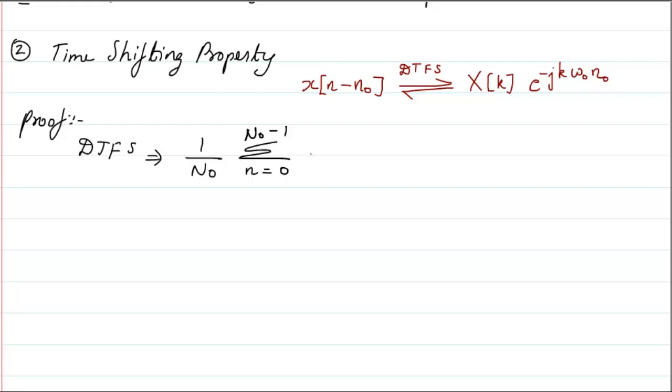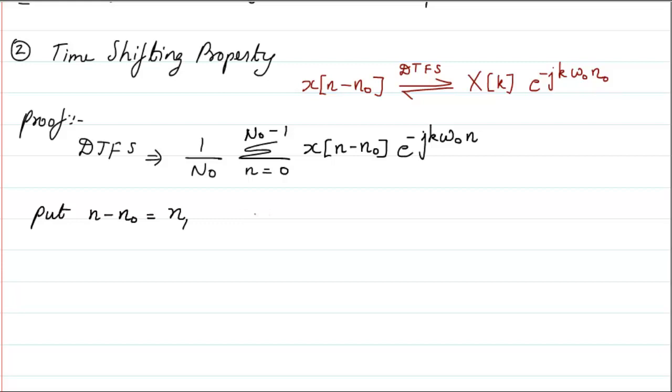Mainly I want to explain something to you here. Multiplied with the function x of n minus small n naught, e raised to power minus j k omega naught n. Okay, now we are going to substitute, or I will say put, n minus n naught is equal to n1.